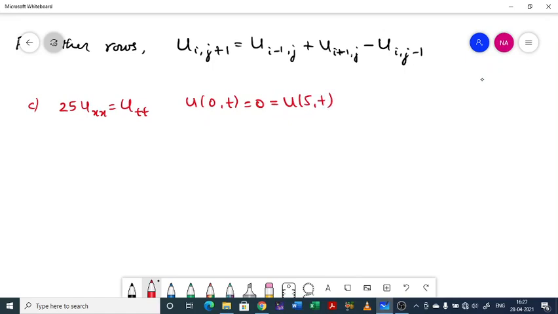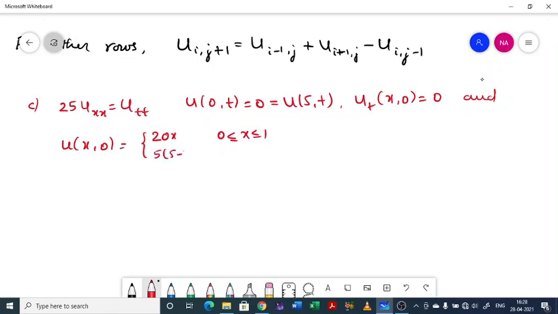X naught is 0, xn is 5. Ut of x comma 0 is 0 and u of x comma 0 equal to 20x if x lies between 0 and 1, 5 times of 5 minus x if x lies between 1 and 5.